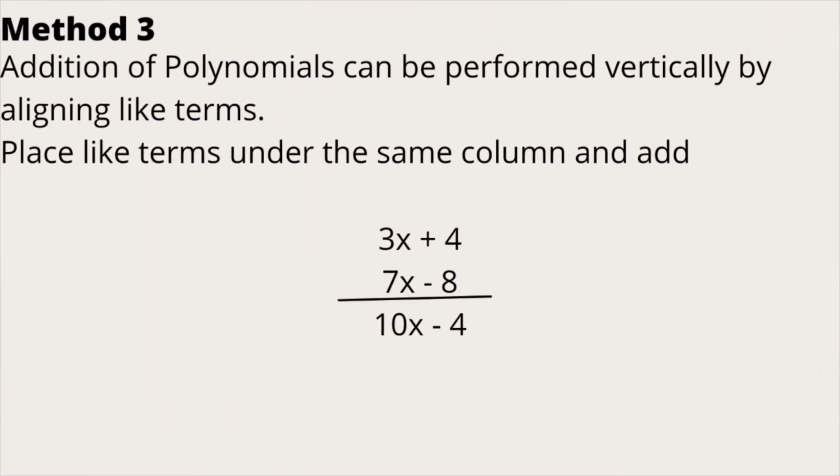For the third method, adding polynomials can be performed vertically by aligning like terms. Remember, place like terms under the same column and add. So here it goes: 3x plus 4 plus 7x minus 8, and the sum is 10x minus 4.